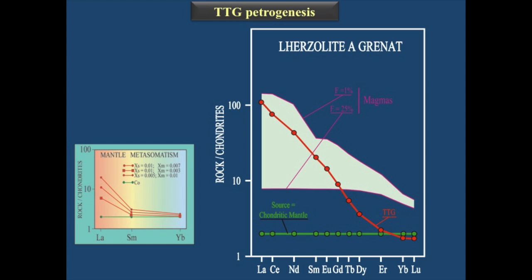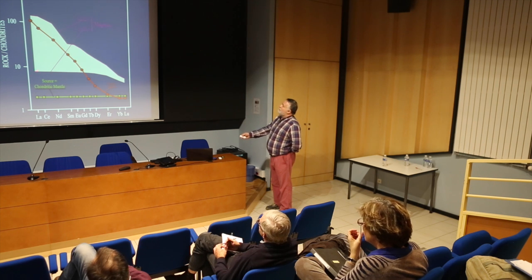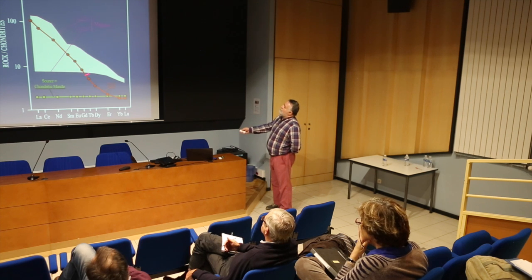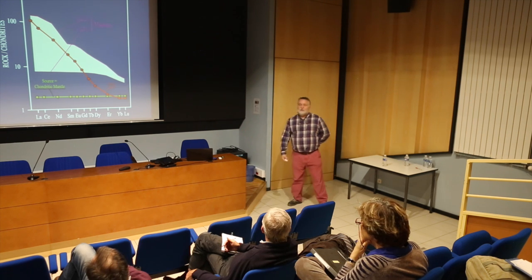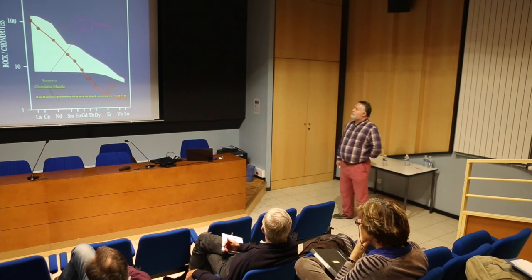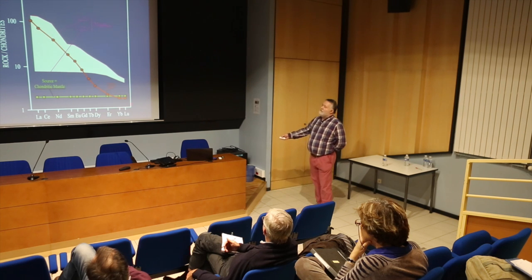So here, again, the color is not perfect, but this composition is for 1% melting of the mantle, and this one for 25% melting. So this means that the domain in green here corresponds to liquid produced by 1 to 25% melting of the mantle. Obviously, this can work with very low degrees of melting for light rare earths, but this doesn't work for heavy rare earths.